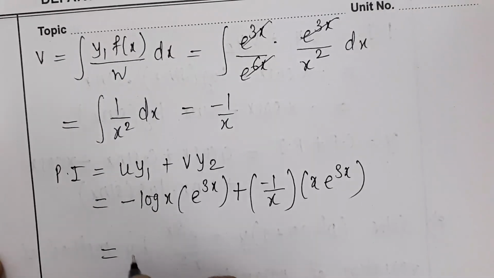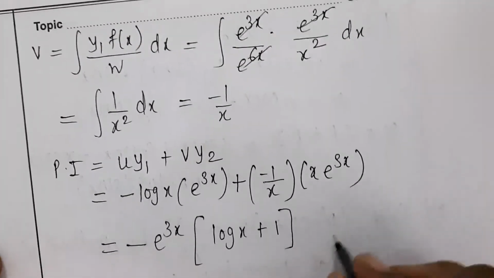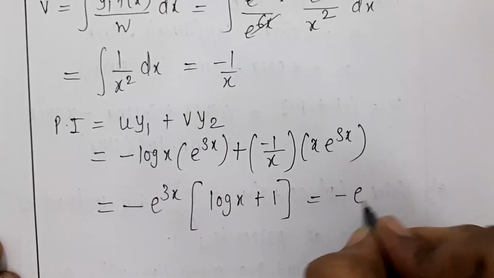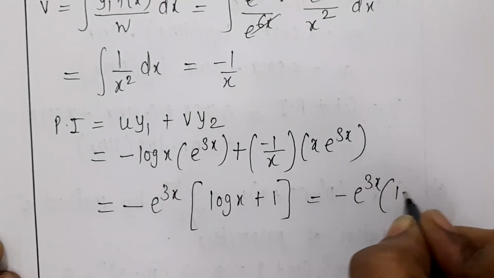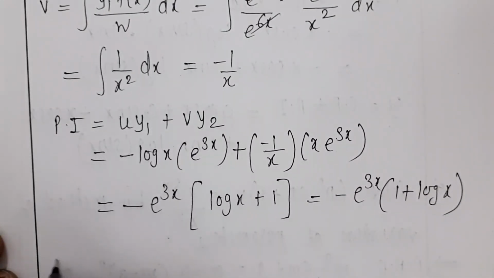So this is equal to minus of e to the power 3x outside, log of x plus 1, which can be written as minus of e to the power 3x in bracket 1 plus log of x. So this is the Pi, and finally y is equal to Cf plus Pi.